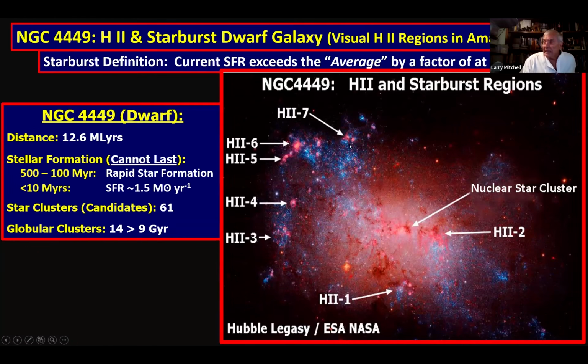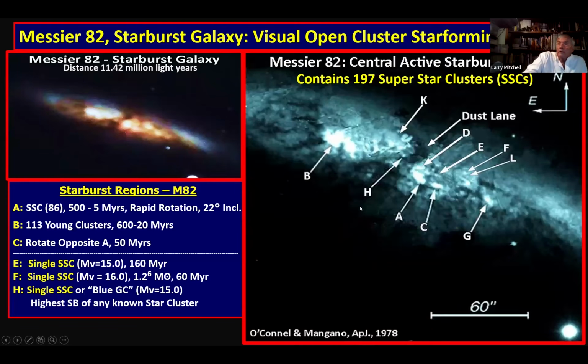So it's nice to be able to see that kind of detail in something other than the Milky Way galaxy. And all of this detail is easily seen, I would say, in down to 12-inch aperture telescopes. Messier 82, a lot of people look at M82, but they never really look at M82.